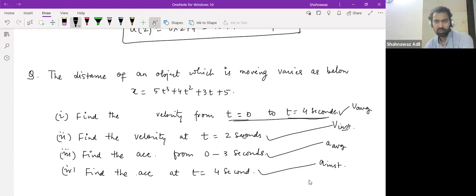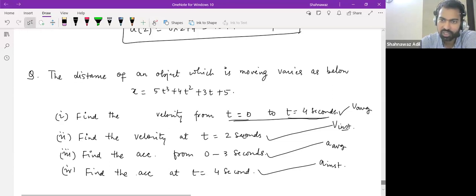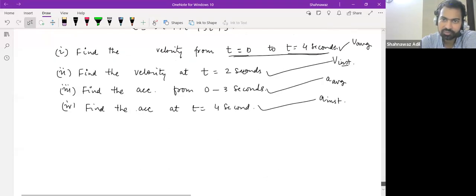Yes. So now let us find the solution. First is the average velocity from 0 to 4 seconds.